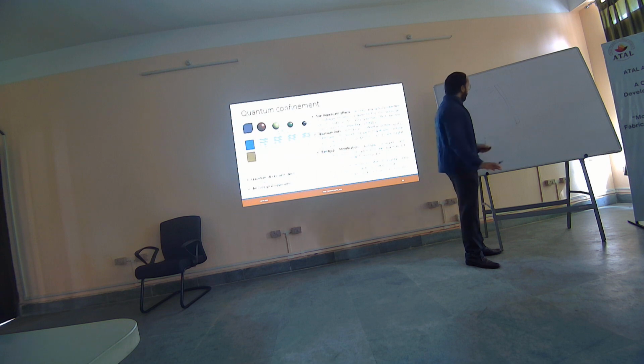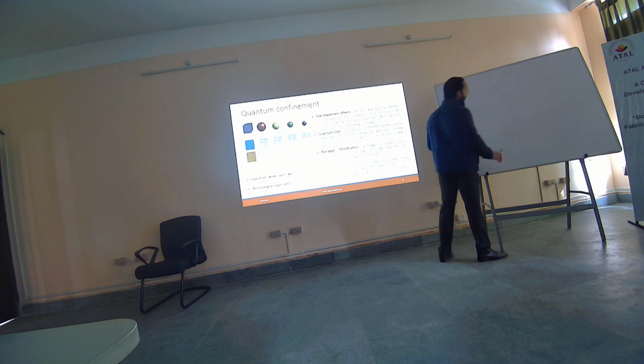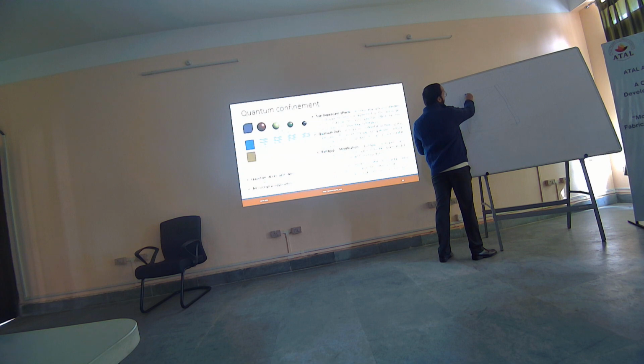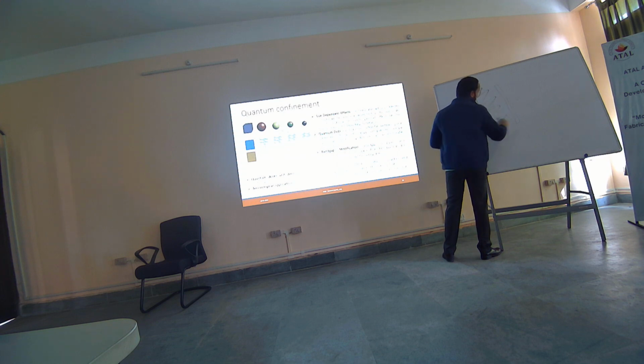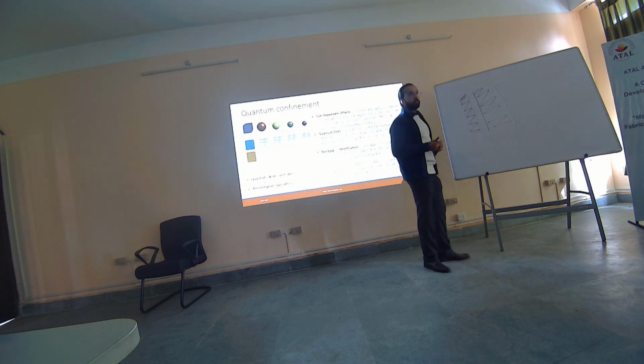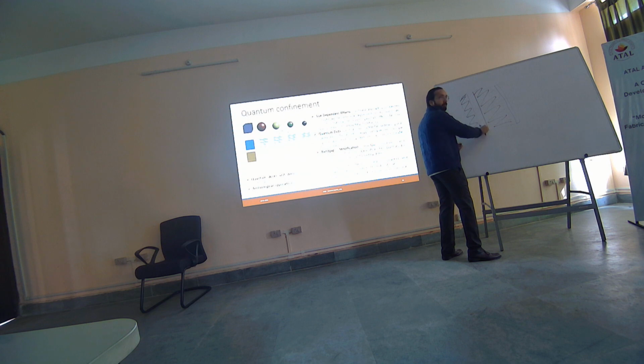Clear? Now, what if I have the same sheet, and I deposit or dope something here which is black, and again dope something here which is black? Now this is another quantum wire, but physically it is the entire sheet.